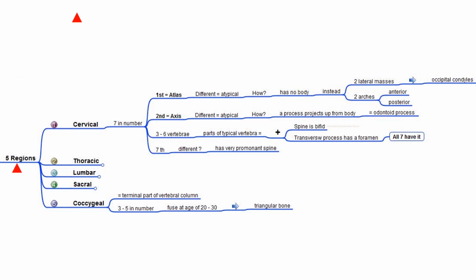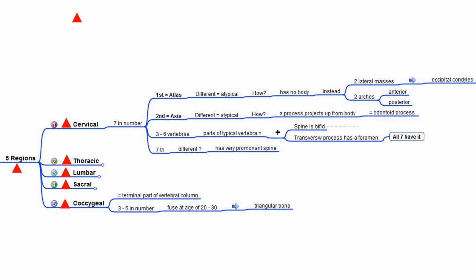The vertebral column has 5 regions. The superior one is the cervical region of the vertebral column, then we have the thoracic region, the lumbar region, the sacral region, and the coccygeal region.